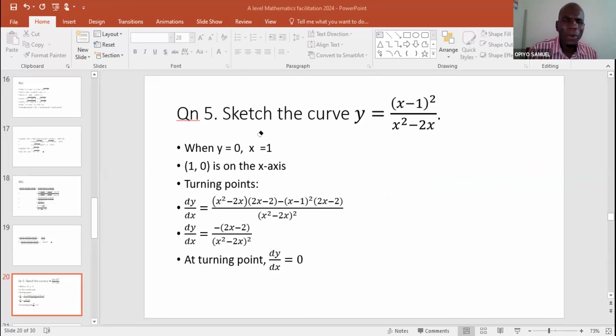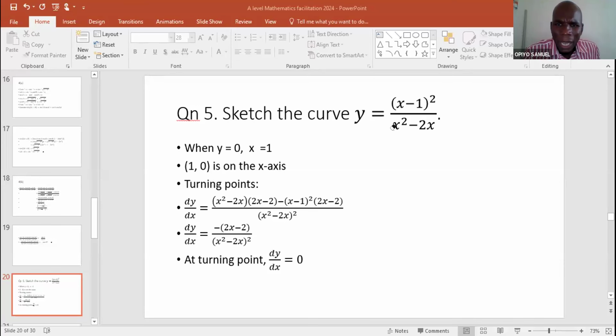We have cutting the axis. When y is equal to 0, x will be equal to 1. That is the only value of x, because the square root of 0 is 0, then you make x the subject, and we get 1. So the point (1, 0) is on the x-axis.